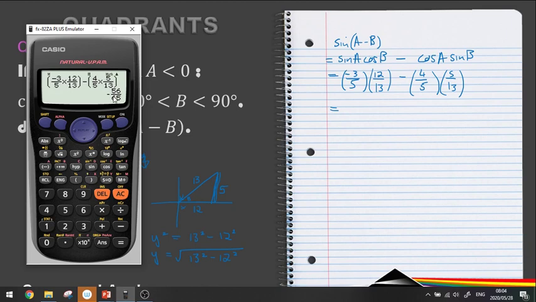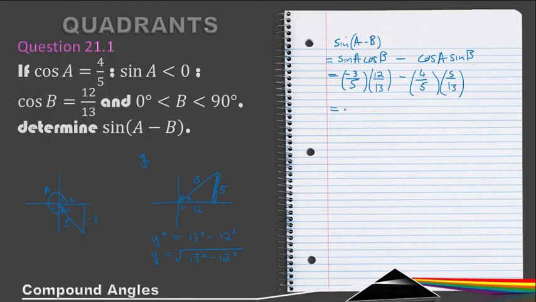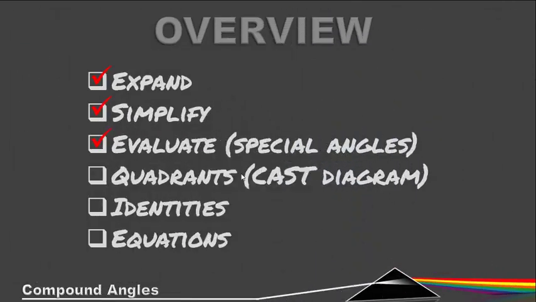Right, so that gives me negative 56 over 65. Alright, so that was using the cast diagram.